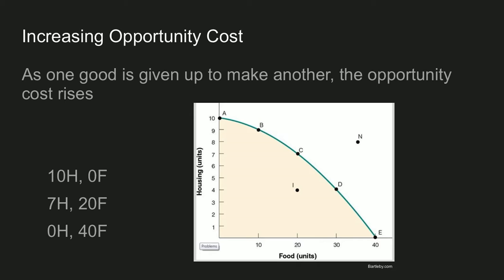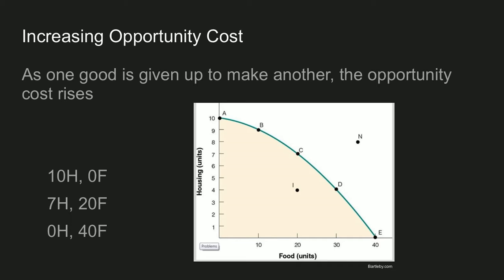So first, talking about the PPC, as you can see, we can either choose to produce at point A 10 units of housing or 0 units of food. At point C, we can have 7 units of housing or 20 units of food. And at point E, we can have 0 units of housing and 40 units of food. So points A, B, C, D, and E all lie on the production possibilities curve. This is the possibilities of where we can actually produce.